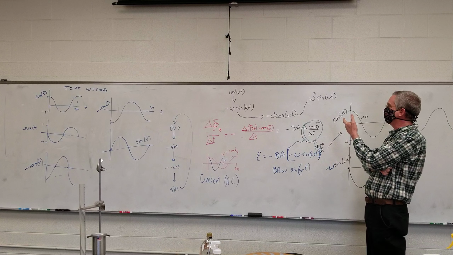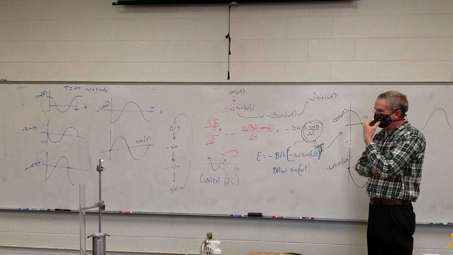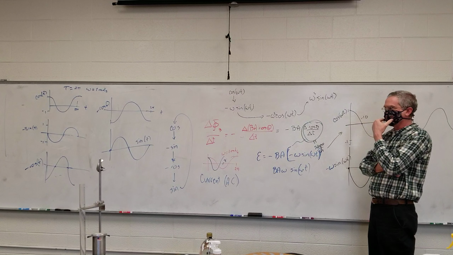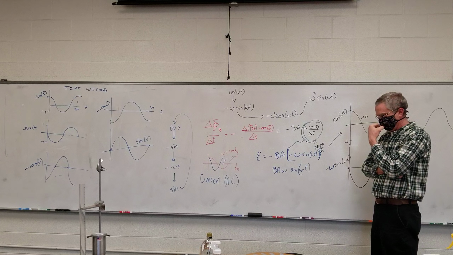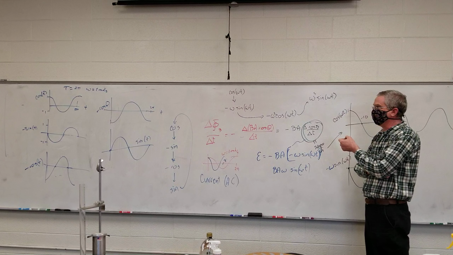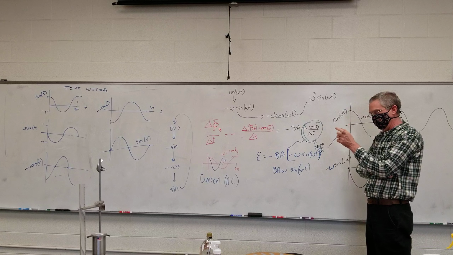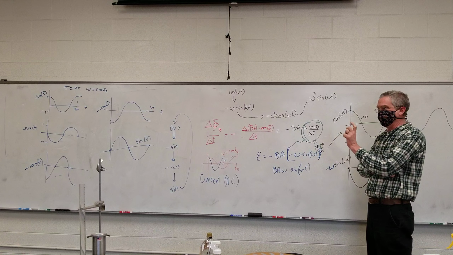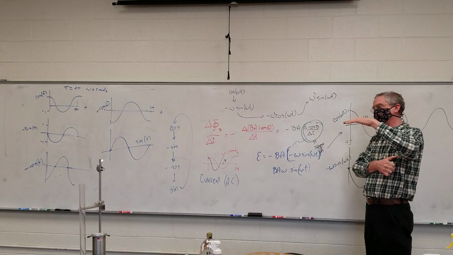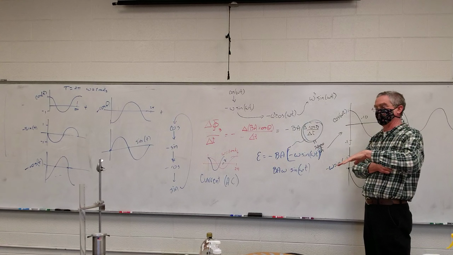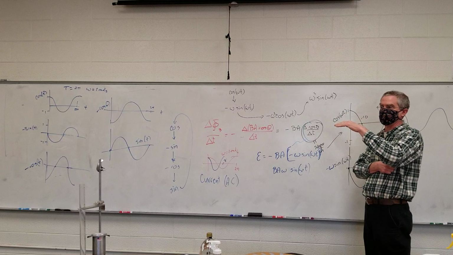I do remember us talking about this last semester, but I don't remember what we did with it. Last semester, when we were dealing with simple harmonic motion, we had a situation where acceleration and position were related to each other. So we needed some function for position such that the slope of the slope produced something that was the negative of the position.